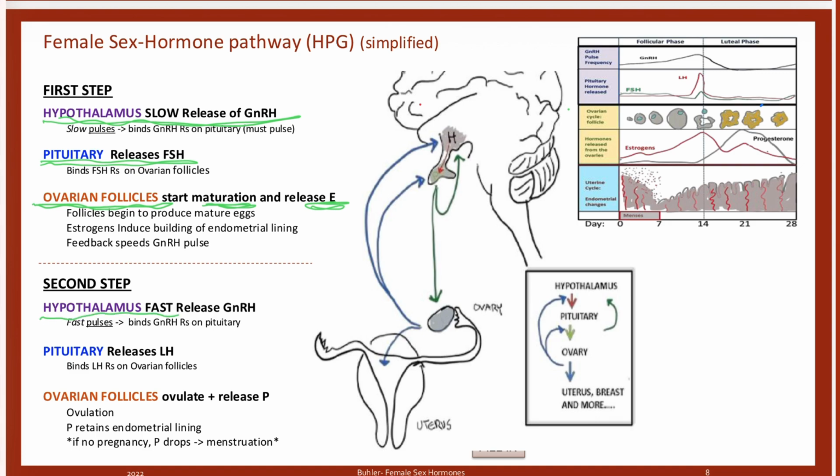That then tells the pituitary to change to LH. That LH comes down and then tells the ovary to cause ovulation. And it's also telling it to switch over to progesterone. So I just wanted to list it a different way so that you can see it as here's the first step, here's the second step.